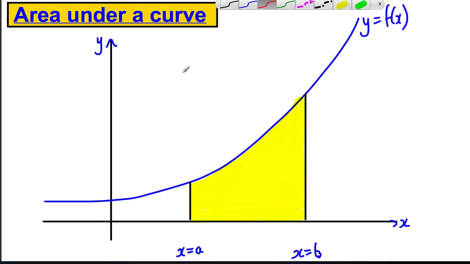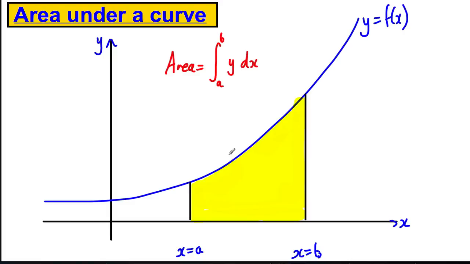Now, this area we would usually write as the integral from x is a to x is b of y with respect to x, or sometimes as the area is equal to the integral between x is a and x is b of f of x dx. That would give us the exact area. Integration is a technique to find the area under the curve between two x values.